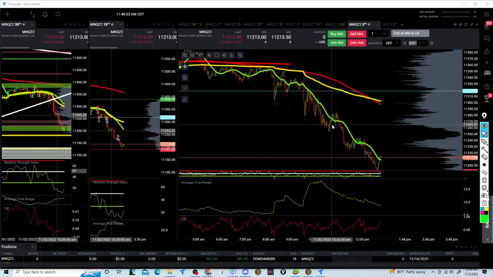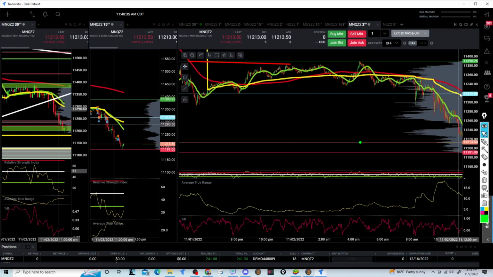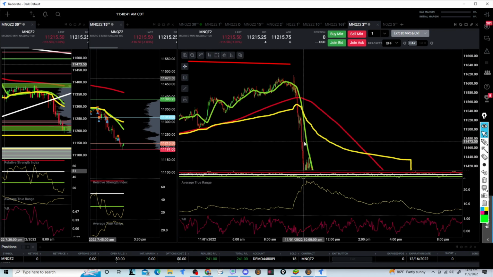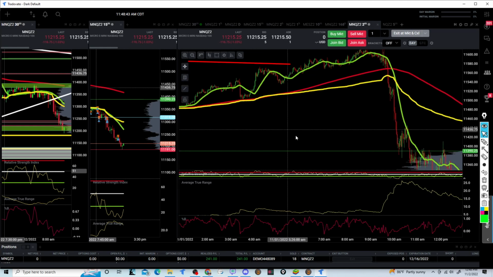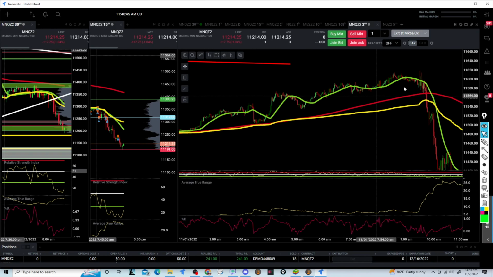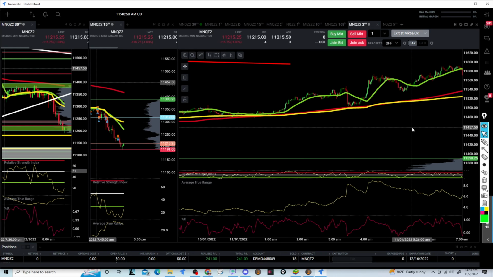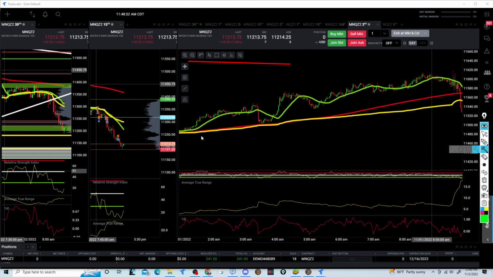Now let's go back and look at another area. Hopefully you're understanding what we're saying now. Here we are with a rising 20. You can buy at or near it and trade in the direction of the trend.